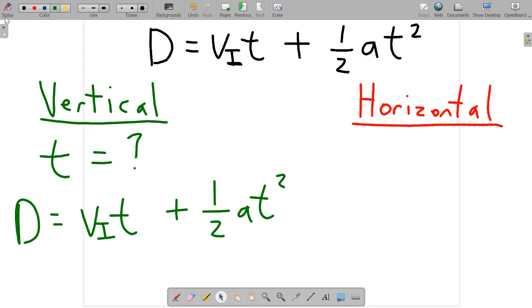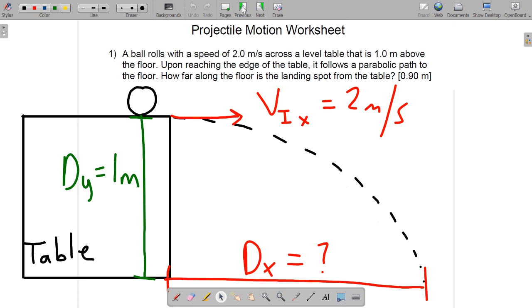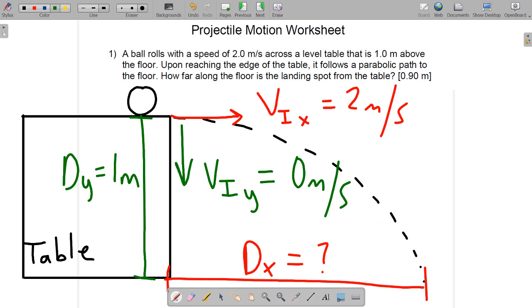So the exact same thing is true for the ball here. The moment the ball is launched from the surface of the table, at that brief moment in time, the initial velocity in the y direction is just 0. Okay?